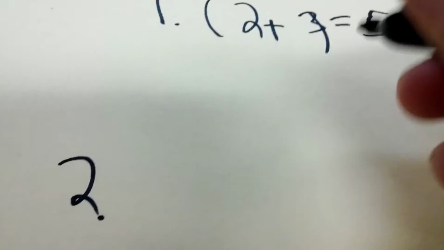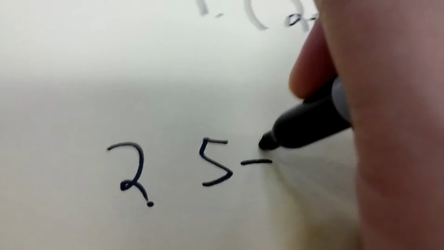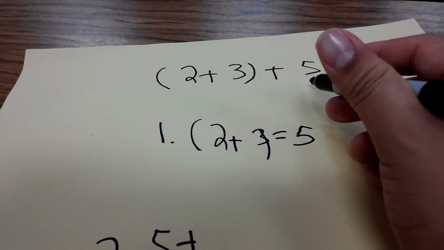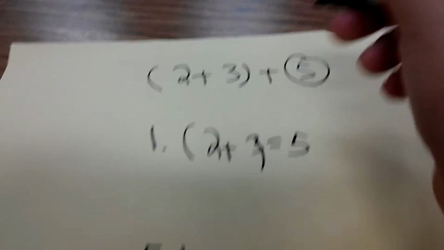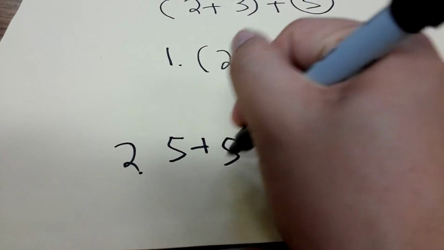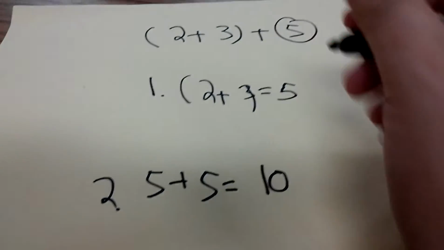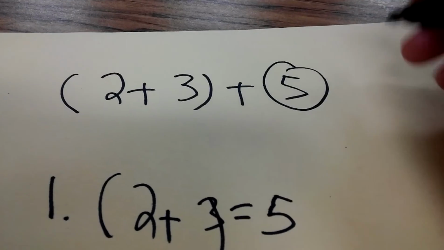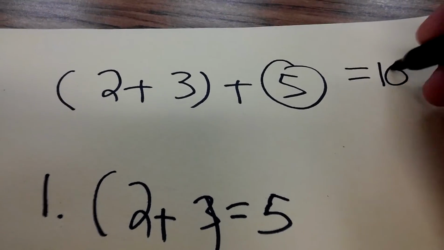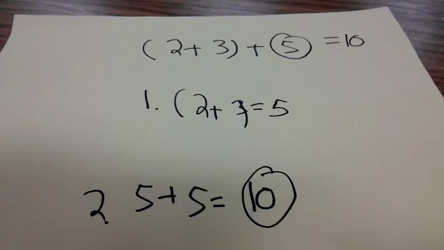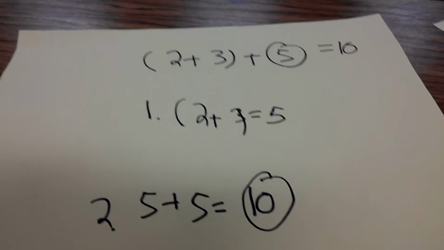Step 2, I finish the rest of the equation. 5 plus, what do I have left? I have another 5 over here. 5 plus 5 is equal to 10. So what is 2 plus 3 plus 5? 2 plus 3 plus 5 is equal to 10. And I just used the associative property to help me solve this.